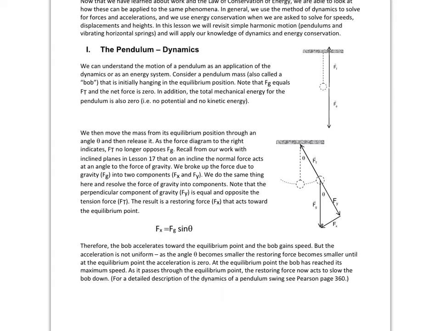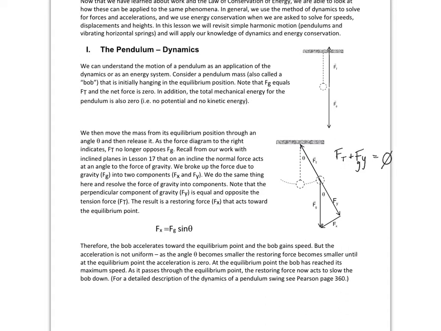So if you break up the force of gravity into either Fy, Fx, F parallel, and perpendicular, it doesn't matter what you call them here, we can see that Fy, as labeled here, will be in direct opposition of Ft. So if we added Ft plus Fg in y, that would be 0.